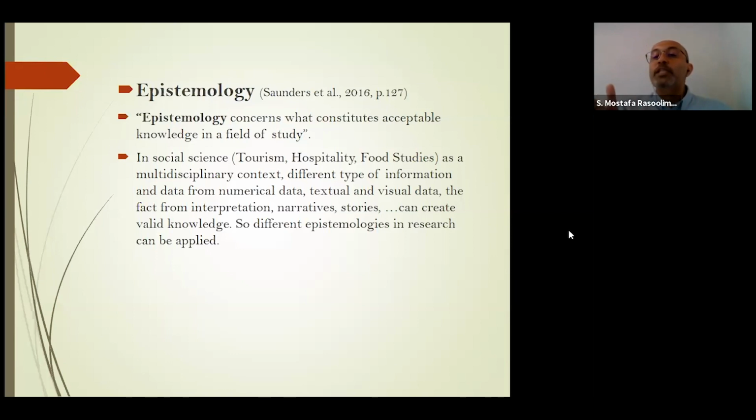Another paradigm is pragmatism. Instead of looking at the method of thinking, the way of thinking, to identify a research paradigm, pragmatism looks at the problem. So pragmatists say, okay, reality can be multiple and can be unique; both are possible.